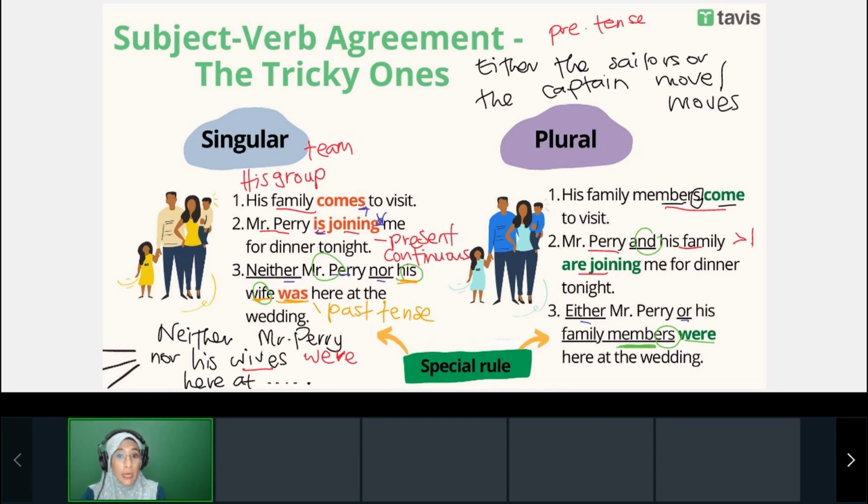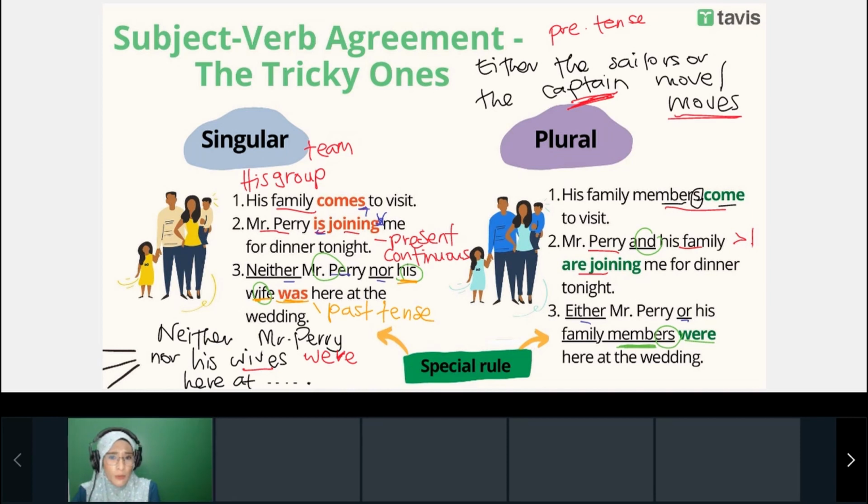Definitely the captain. Okay, you need to check on the subject that is closer to the verb. So either the sailors or the captain. So this one you can just ignore and check for the closest subject. So the captain moves. Why?